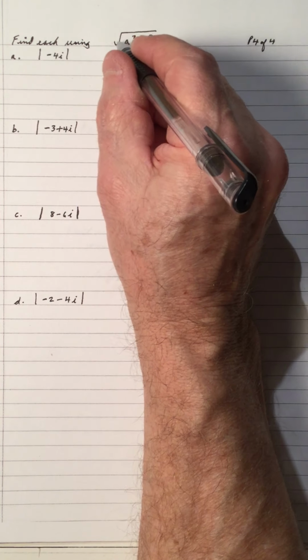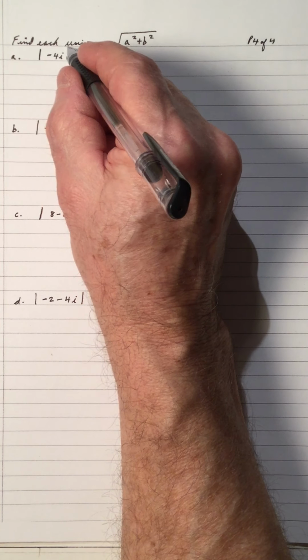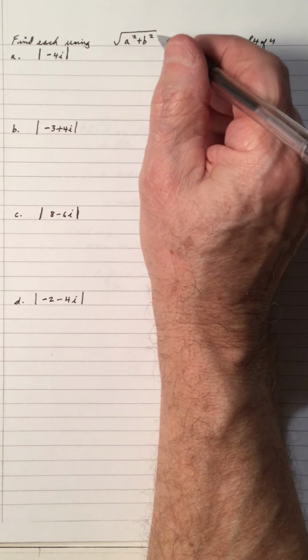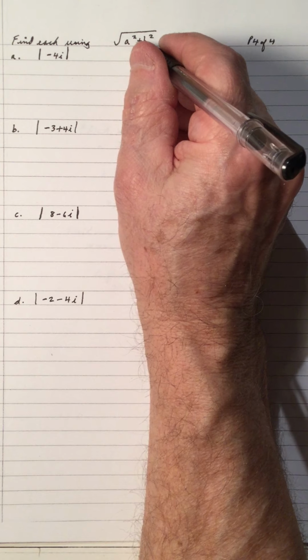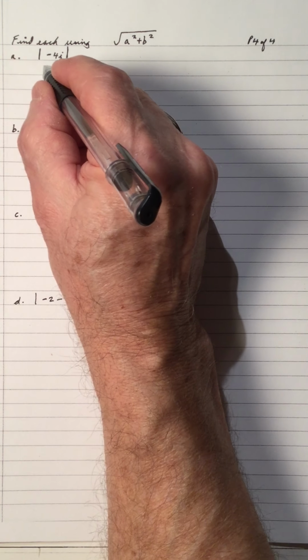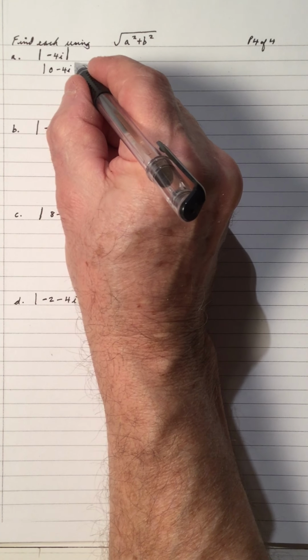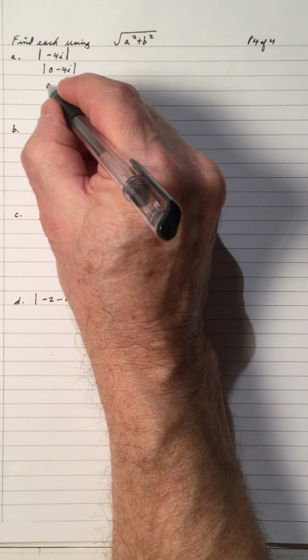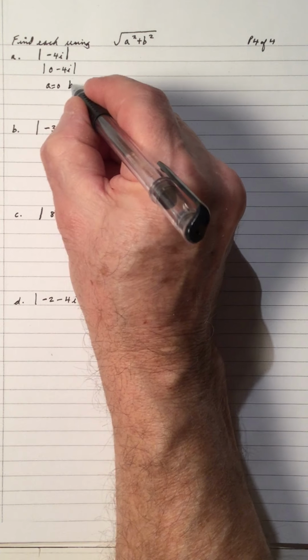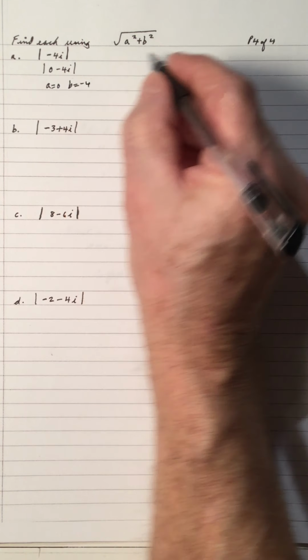So this is the absolute value of negative 4i. If I use the formula, this is the absolute value of 0 minus 4i. That means a is 0 and b is negative 4.